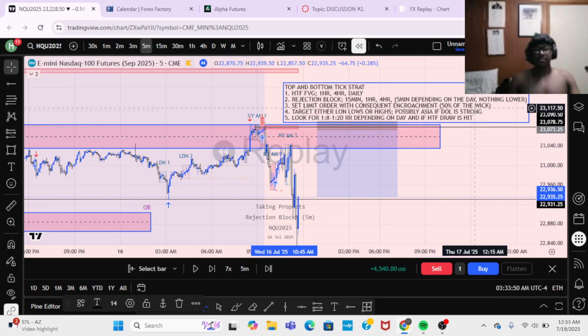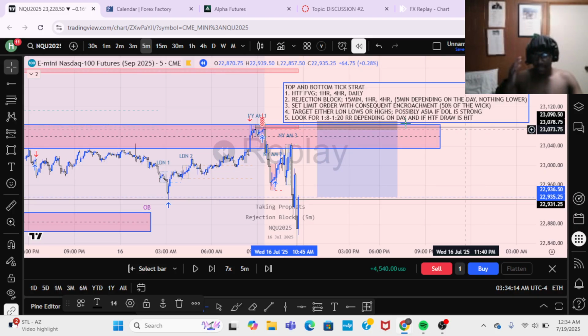Write this down, take a screenshot of this, do what you need to do. This right here is literally the strategy I would say to look at and try to use. I think it looks really good. A lot of people really use this strategy when it comes to top and bottom ticking.